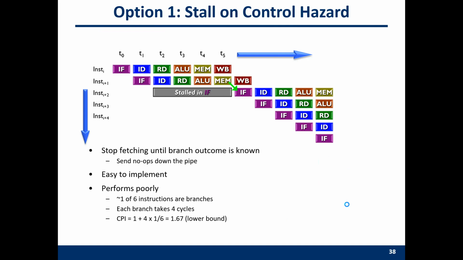So in the real world, you will have a lot of bubbles introduced by the control. And each branch takes 4 cycles.